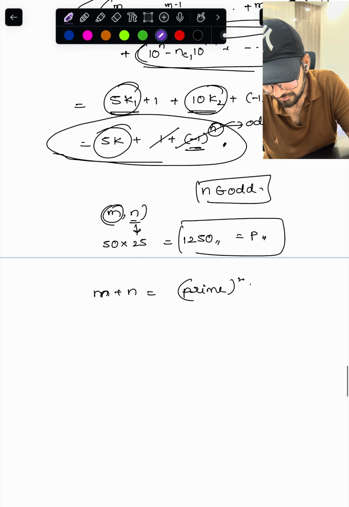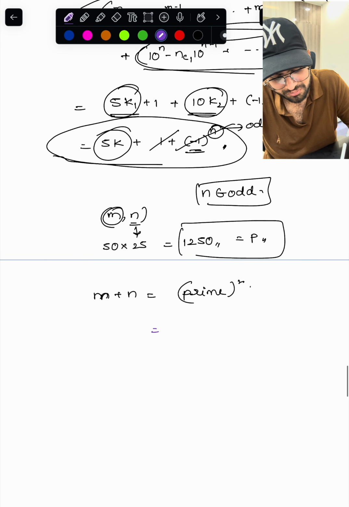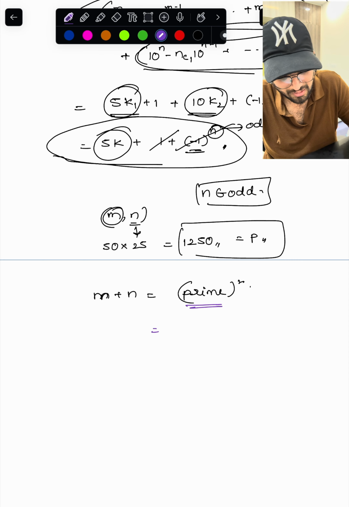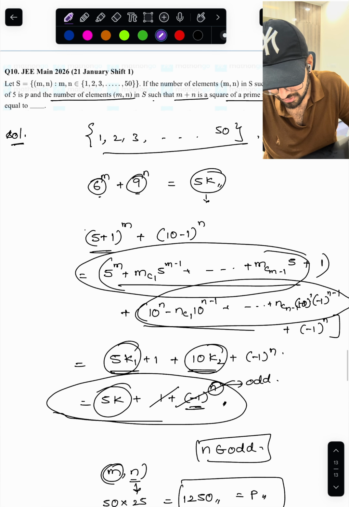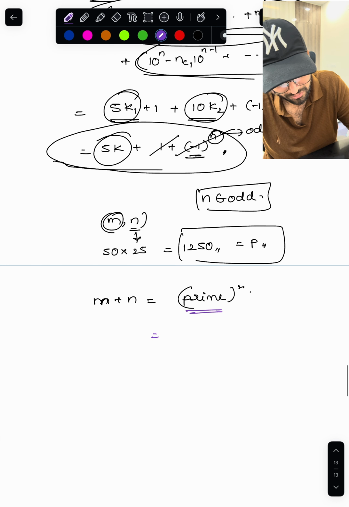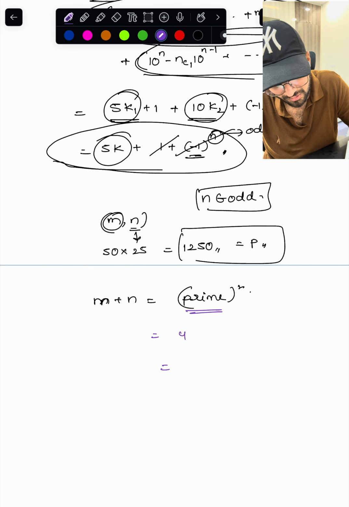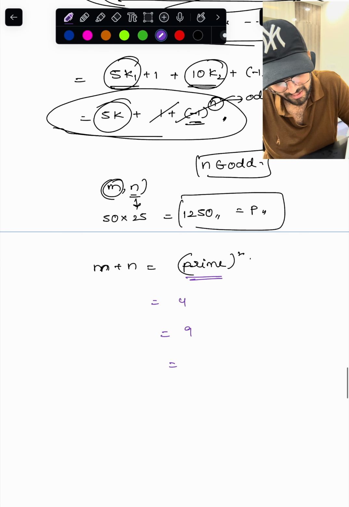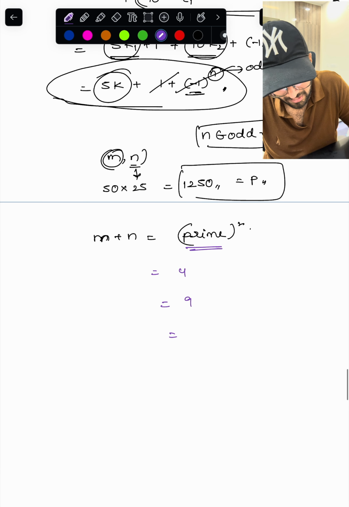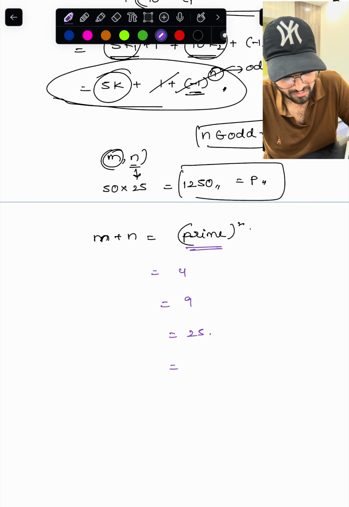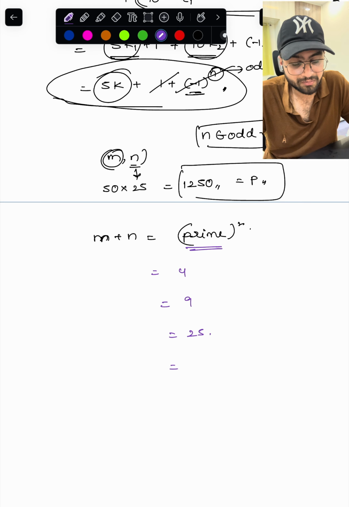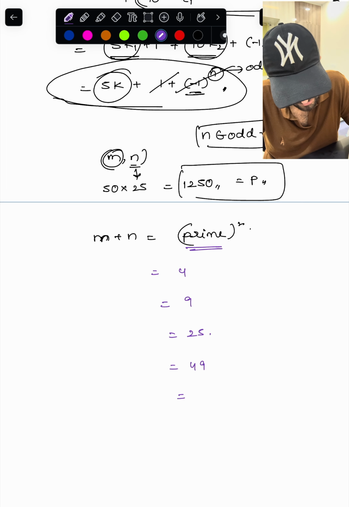So first see what the possible values of this are, right? Prime numbers start from 2, so it can be 2 square, 4. It can be 3 square, 9. Another prime number is 5, 5 square is 25. The next prime number after 5 is 7, so it can be 49.